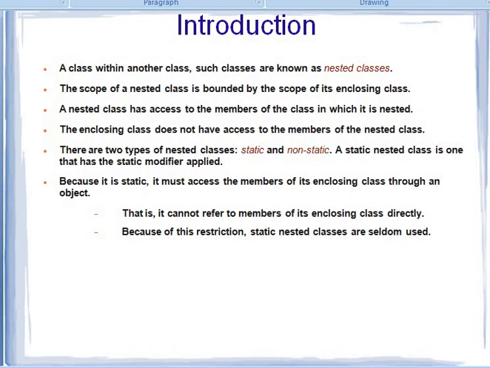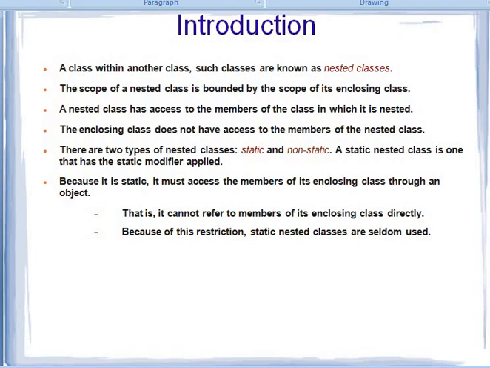A nested class has access to the members, including private members, of the class in which it is nested. That means class B, our inner class or nested class, has access to the members of the outer class, including the private members.